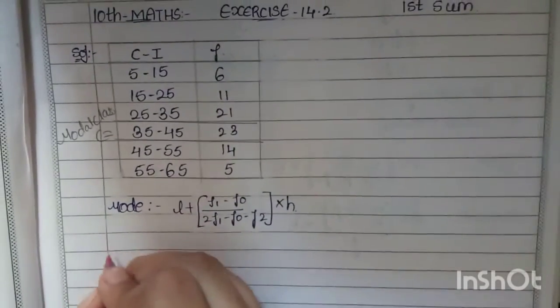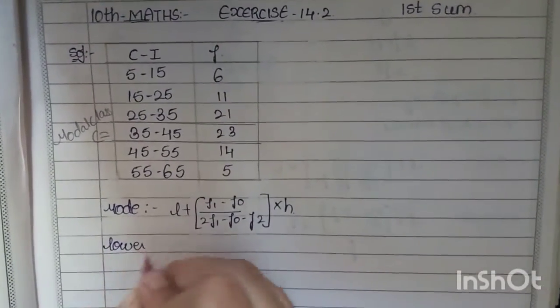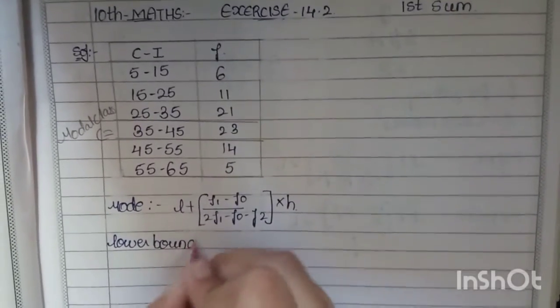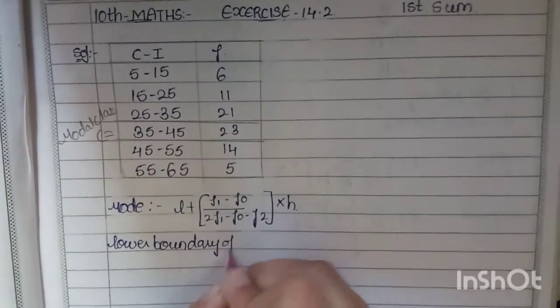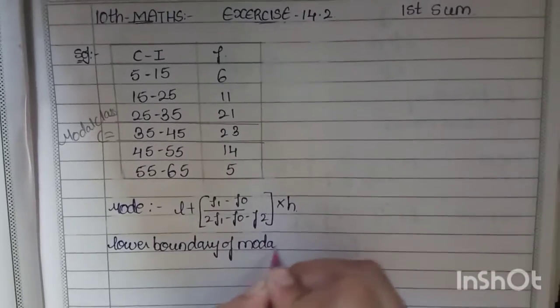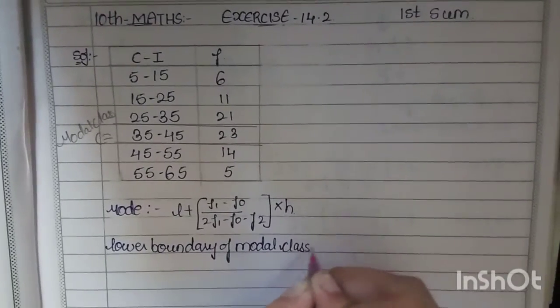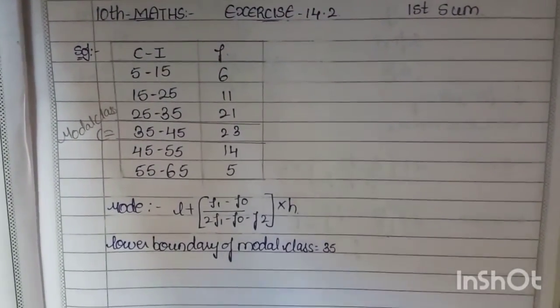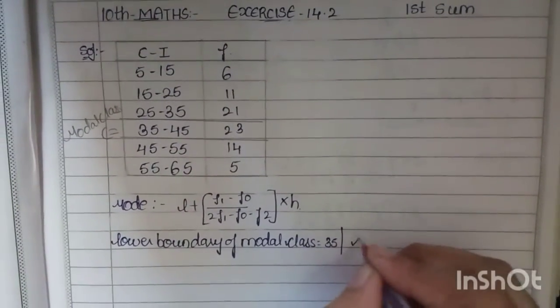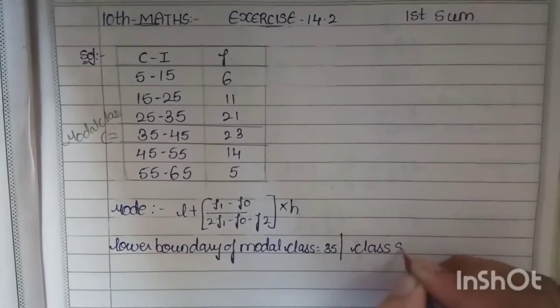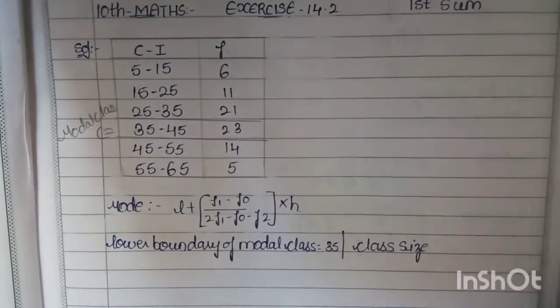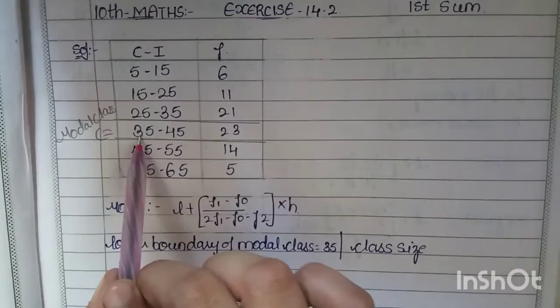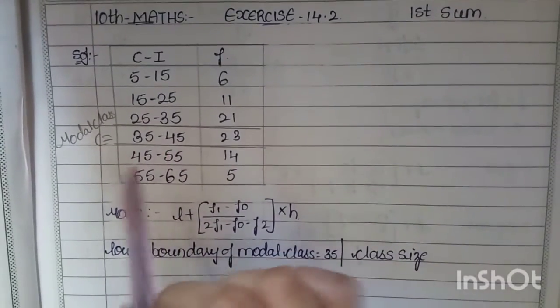L is the lower boundary of modal class. So what is the lower boundary? It is 35. Next, class size. What is the class size? 35 and 45, the difference is 10.